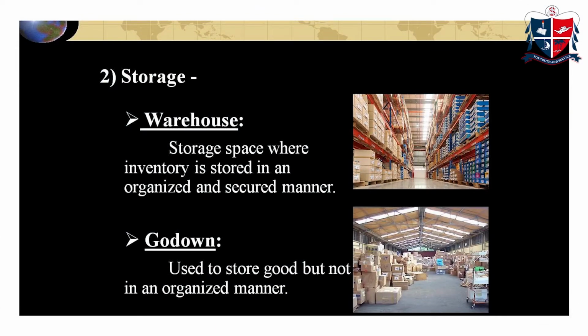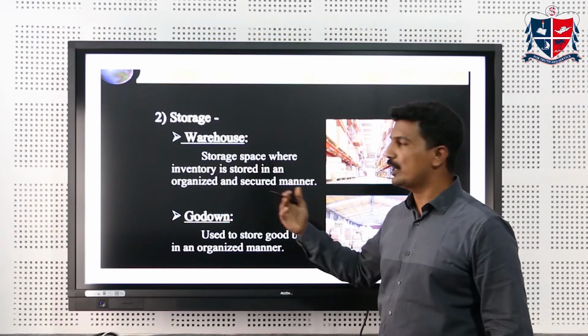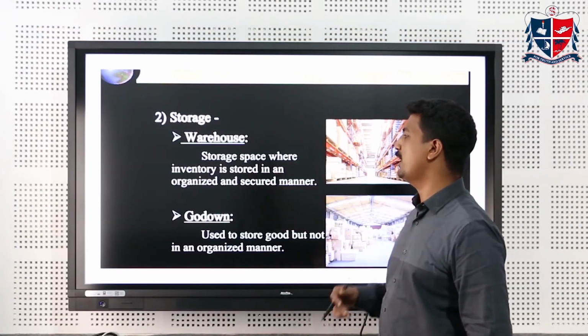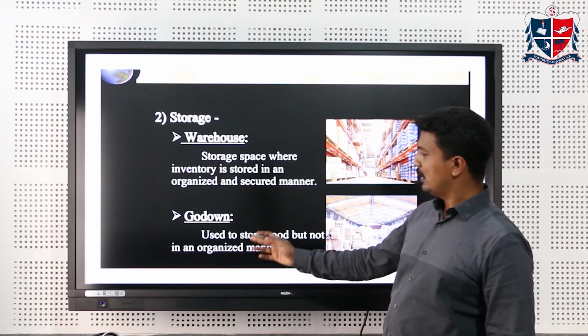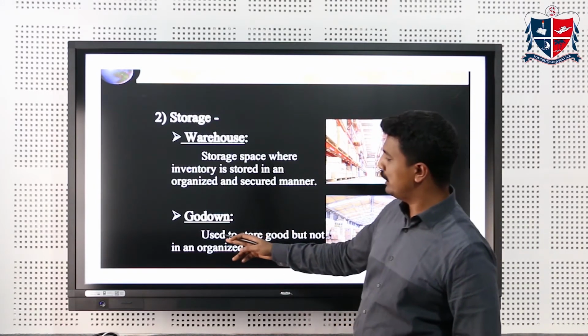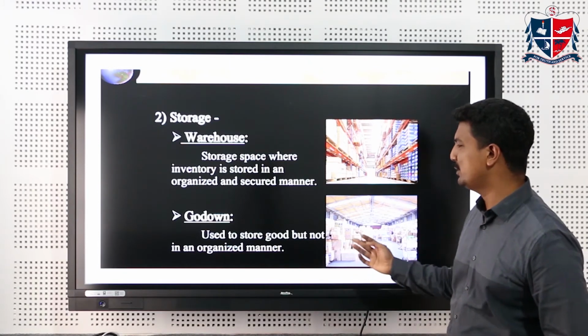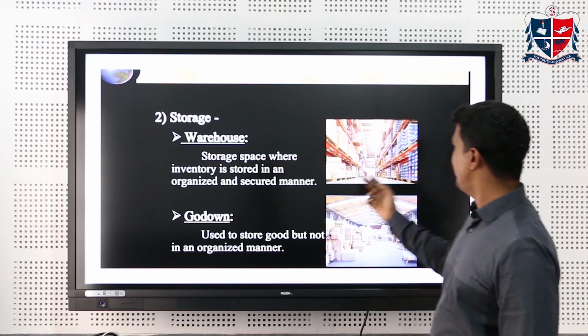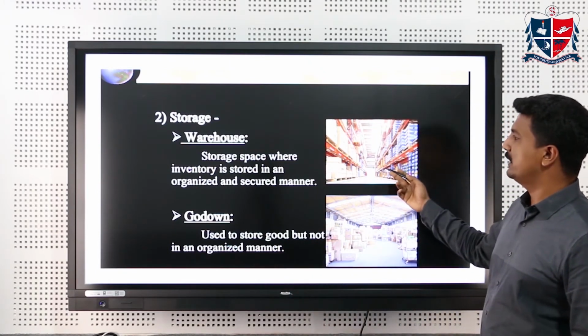Next is storage. For storage, we have warehouse and godown. A warehouse is a storage space where inventory is stored in an organized and secured manner. The godown is used to store goods, but not in an organized manner. You can see the picture, it's a warehouse.